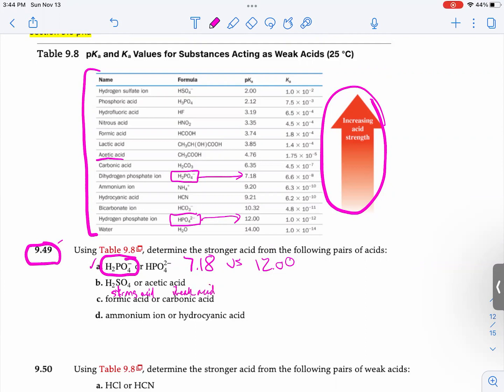You just know which one is the stronger acid, and it's going to be this one. Okay, C, formic acid and carbonic acid. We have formic acid, 3.74, and carbonic acid, that's going to be 6.35.